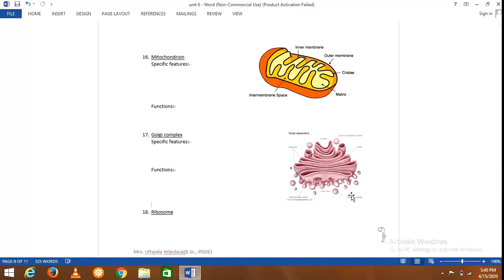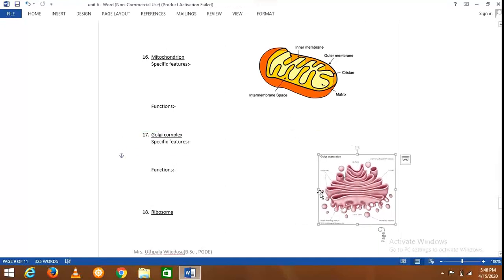So the main function of this Golgi complex is to produce secretory substances. They will produce secretory substances, store these secretions, and transport those secretions. These secretions may be enzymes and other proteins.